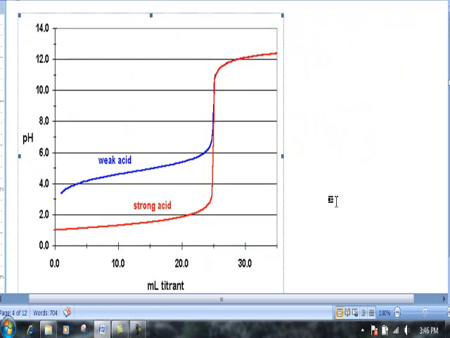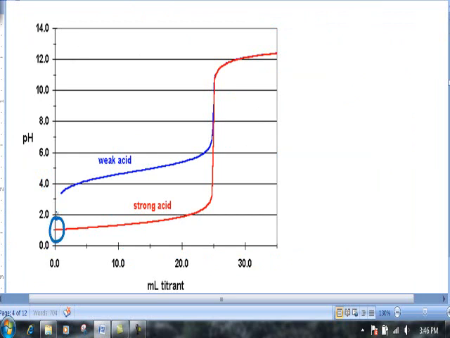Now, taking a look at two different titration curves. One is a weak acid strong base titration, the other a strong acid strong base titration. Some key features. If we look at the strong acid strong base titration curve, our initial pH is fairly low. The pH stays very low for a period of time.